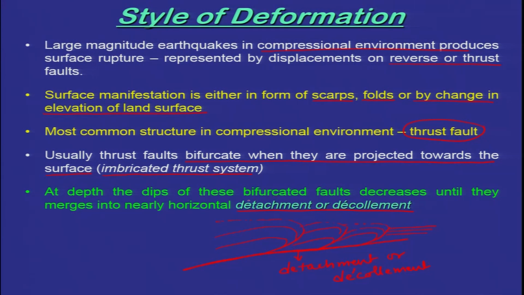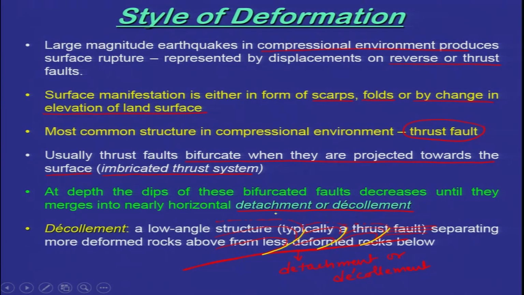So at depth, the bifurcated faults, what we see here, I may draw with a different color. So you can see this part here, another one is this one, and the third one is this one. So they merge with the main horizontal plane, that is termed as detachment.